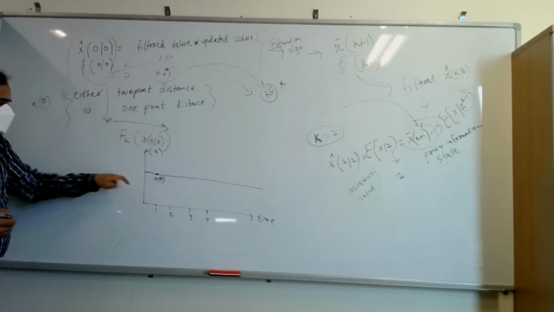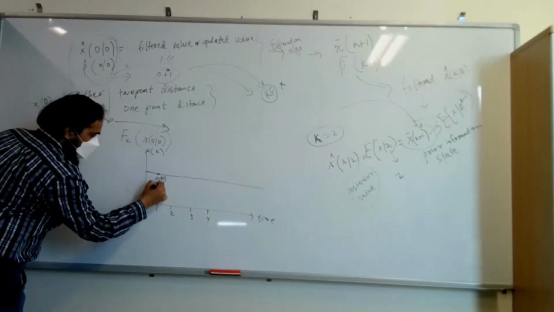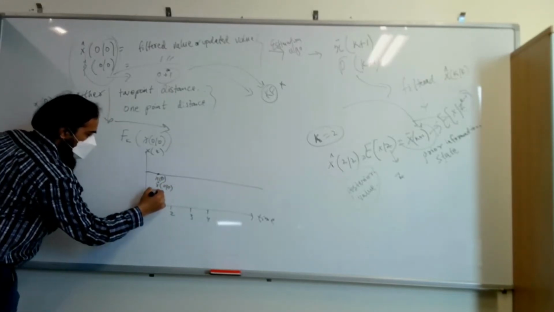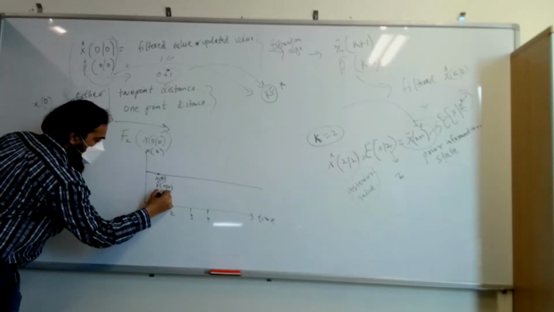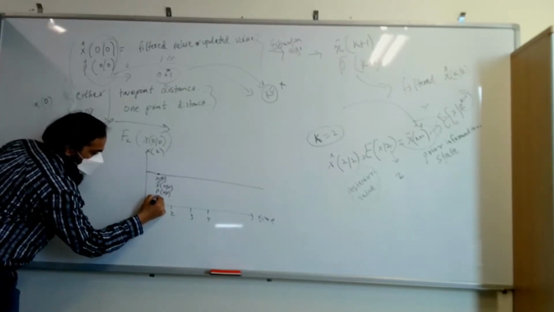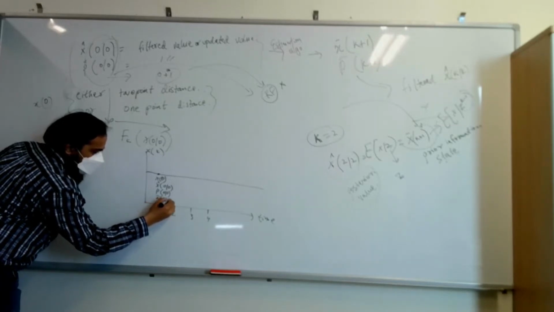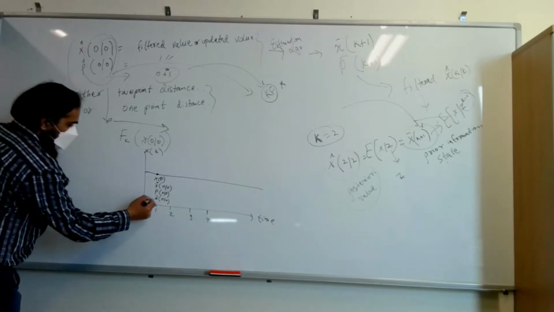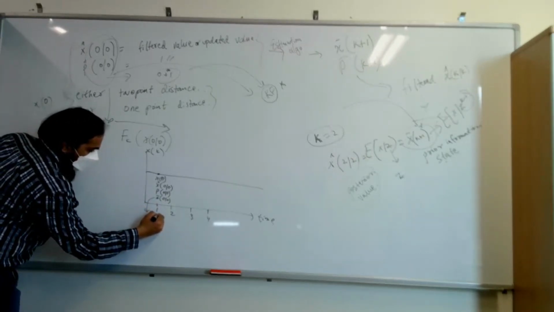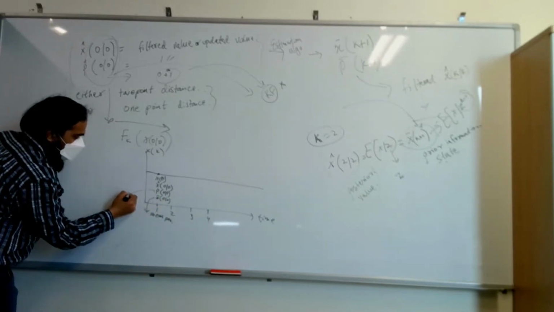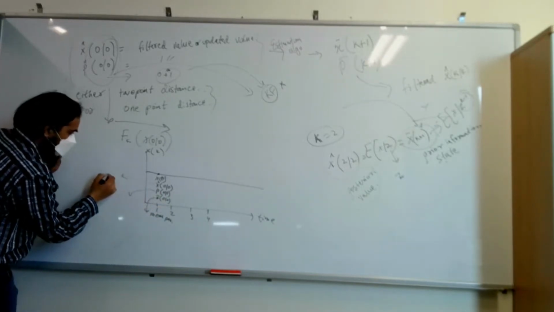If 1 point is given, then this is your filtered value like 0, 0, having a covariance 0, 0, having the z mean 0, 0. Okay, this is the measured position, this is the covariance, and this is the filtered value or estimator.